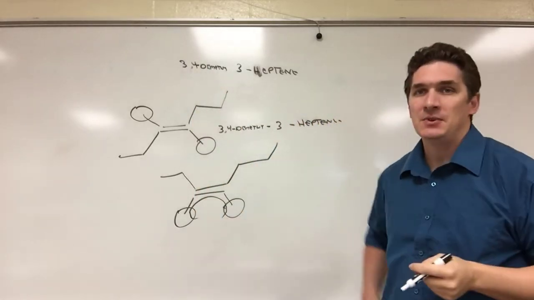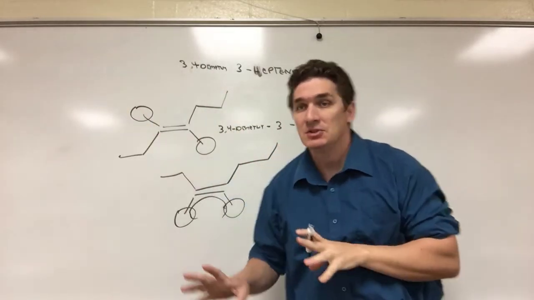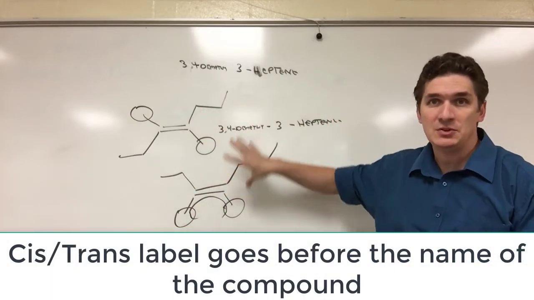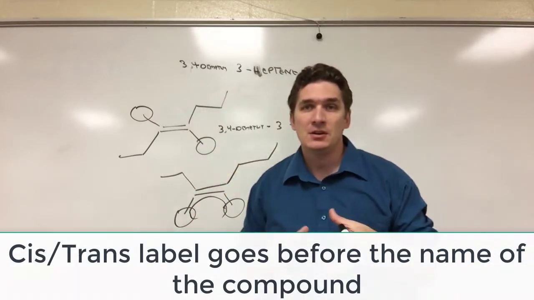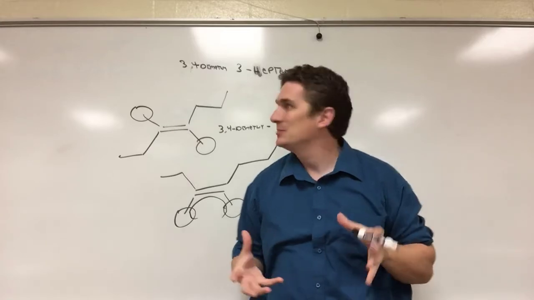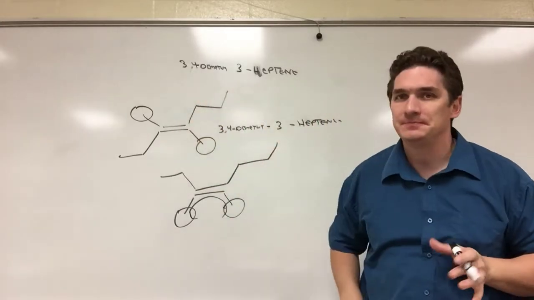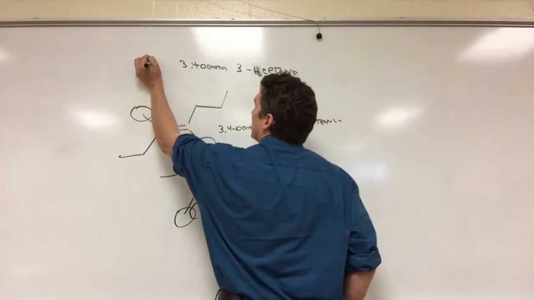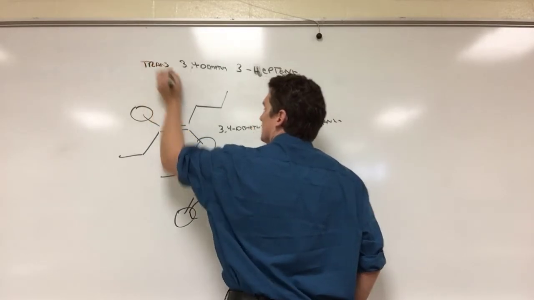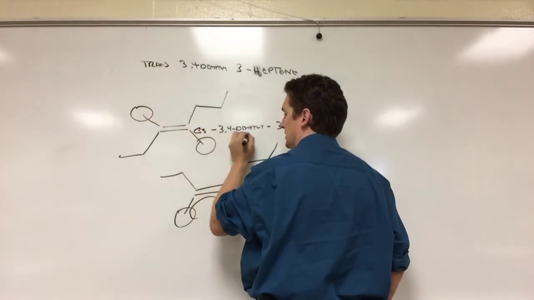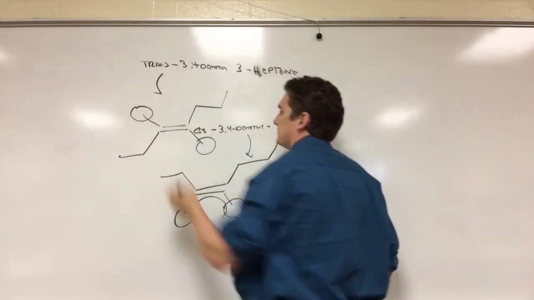And what we have to designate in front of this whole compound is that they are cis-trans. But you can see from this naming, we've associated all this. So these are different isomers of 3,4-dimethyl-3-heptene. In this case, this would be trans. And the one down here is the cis.